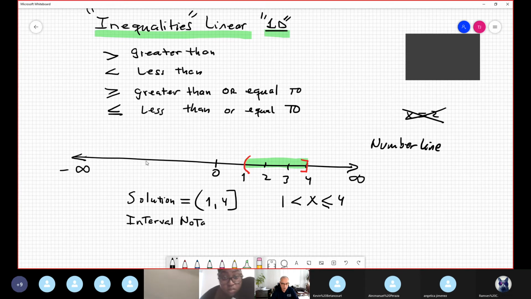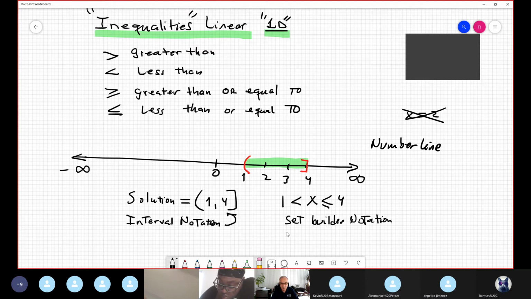I prefer this notation, and in the test I always ask you for this notation. And this is another notation called set builder notation. Set builder notation is a little more complicated.